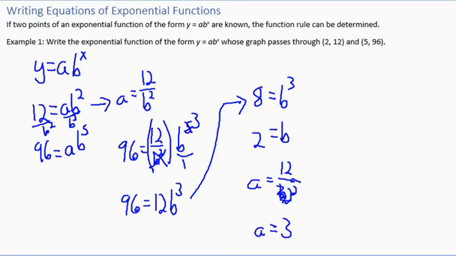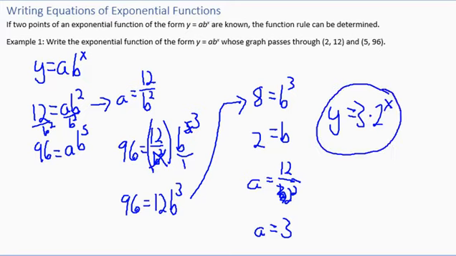And so, given these 2 points, we know that the exponential function is y equals a, which is 3, times b, which we found to be 2, to the x power. And there's the function that those 2 values fit.